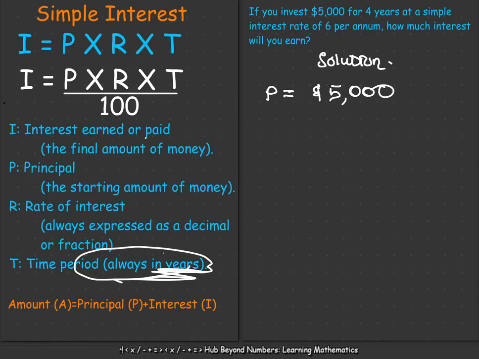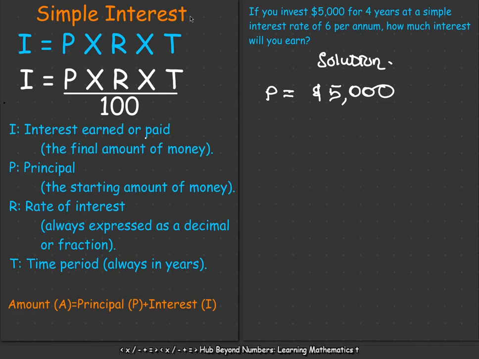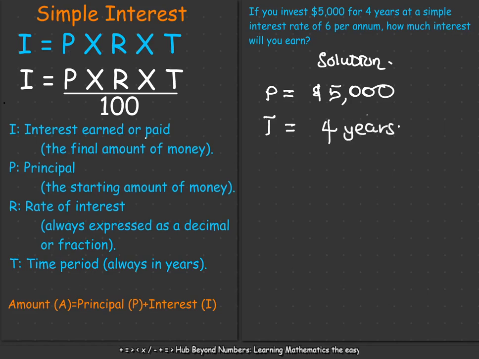Most of the time these will give you clues as to what a particular parameter is. So your time is 4 years. And then at a simple interest rate of 6 per annum. In this case we're given 6, not a decimal. That is the rate. So our rate is equal to 6 per annum.